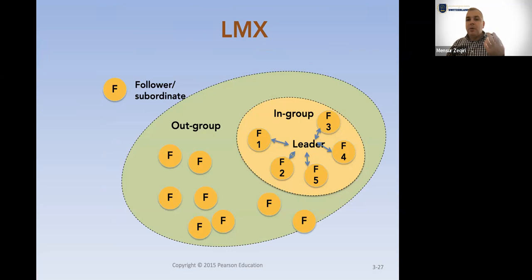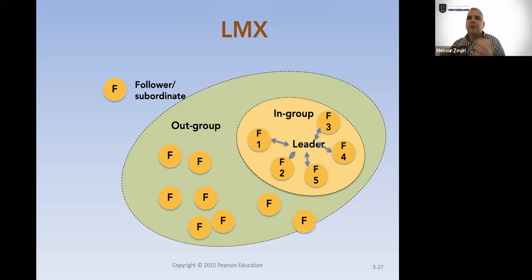For example, he can give some of these followers a particular task that he can later use to promote them. So he does them a favor. However, he asks favors in return. However, he has a much colder relationship with those that belong to the outgroup. So this is the kind of relationship that he establishes with his followers.